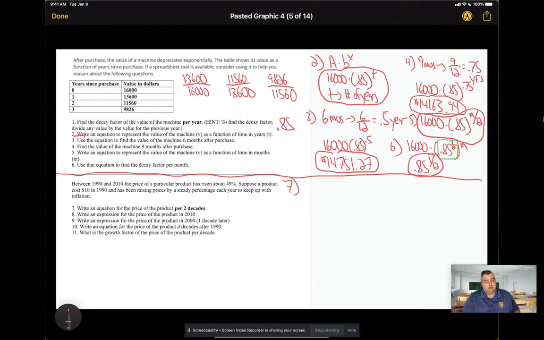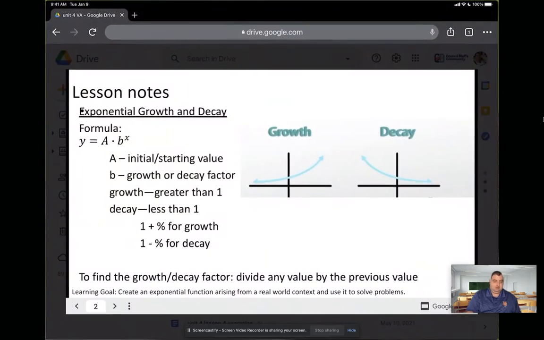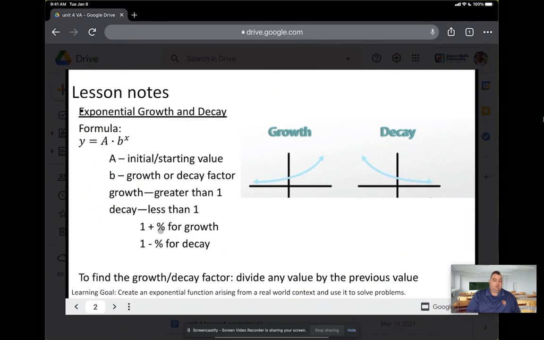So, what is my initial value? My initial value in 1990 was $10. Okay. What is my growth factor going to be? Well, it's going up by 49% every 2 decades. So remember from the very beginning of this unit, 49% is 0.49.